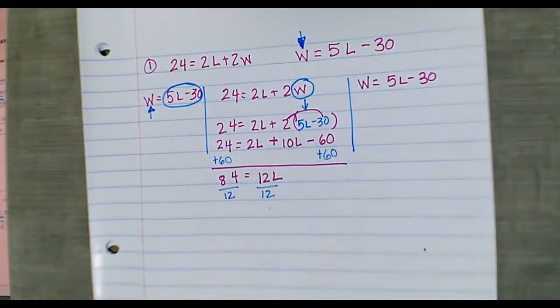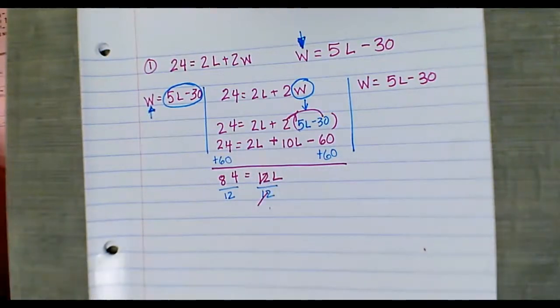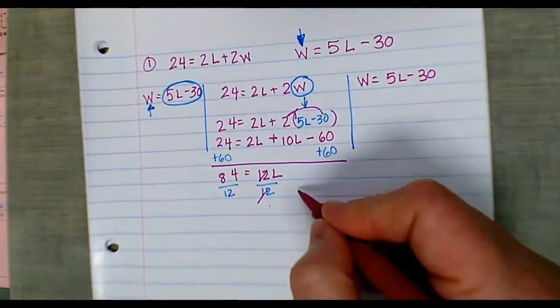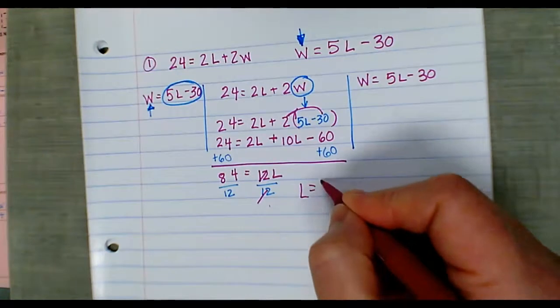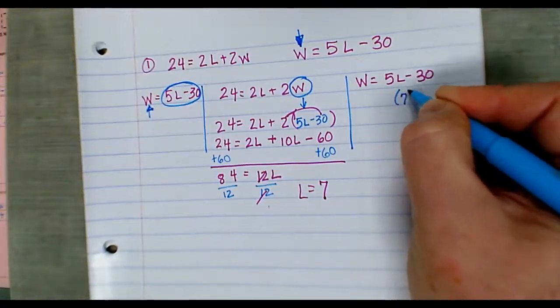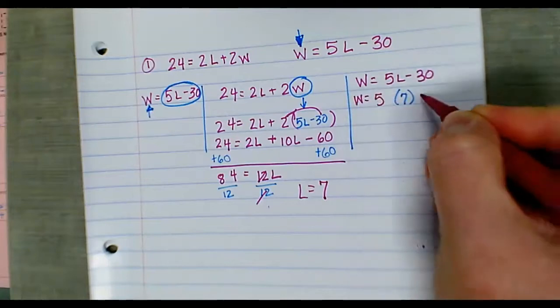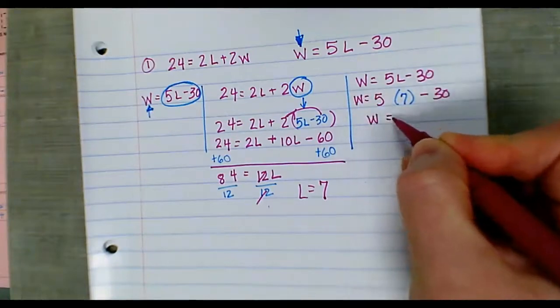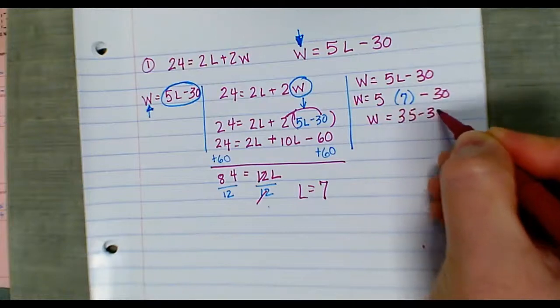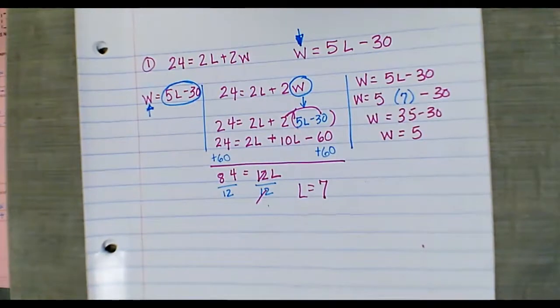Divide by 12. And then L is going to equal 7. Substitute in the 7 in place of L. And so the W will equal 5.